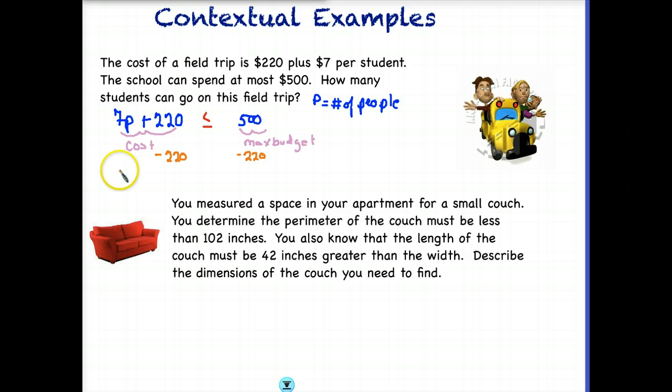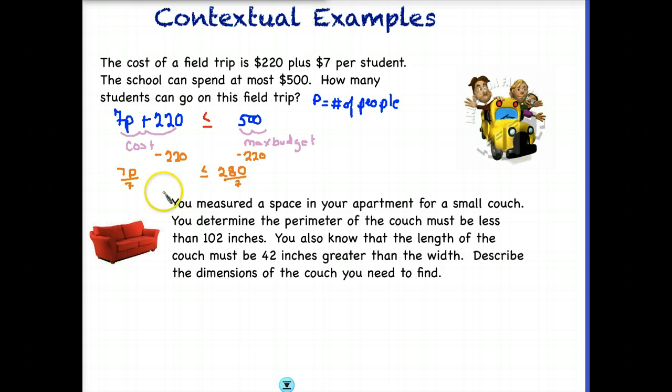and we would end up with 7p is less than or equal to, let's see, that would be 280. And then we would need to divide both sides by 7. Do that there.